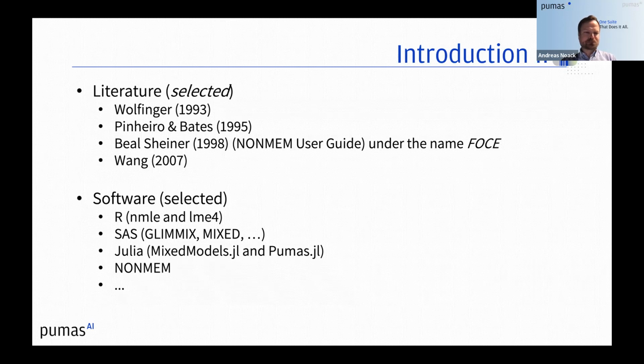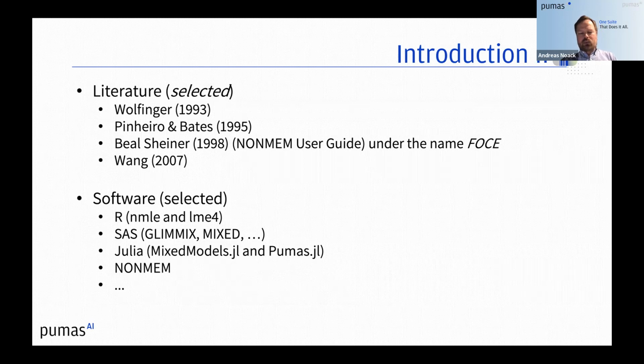So there are various software packages that support these kinds of models, mixed effects models with various Laplace approximation methods. Of course, there are the R packages nlme and lme4, which were based on the original theoretical work by Pinheiro and Bates and written by the same authors. Then SAS has long had support for these kinds of models in various procedures.